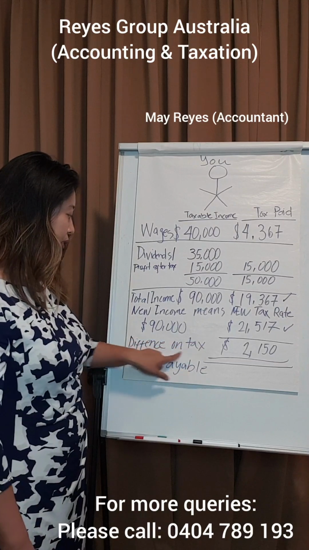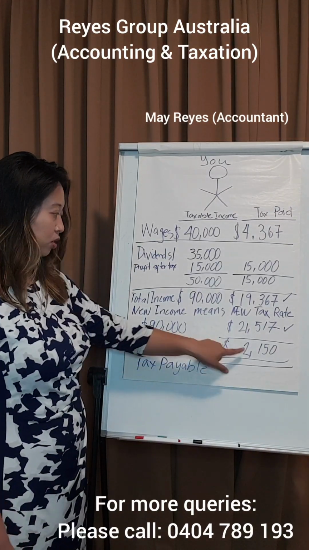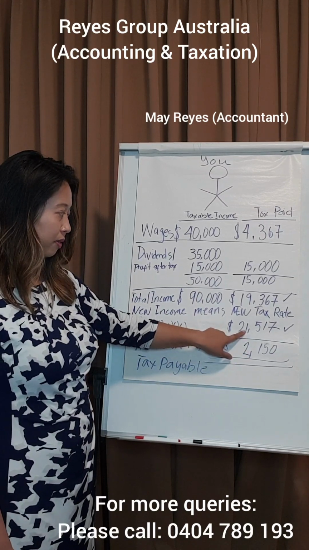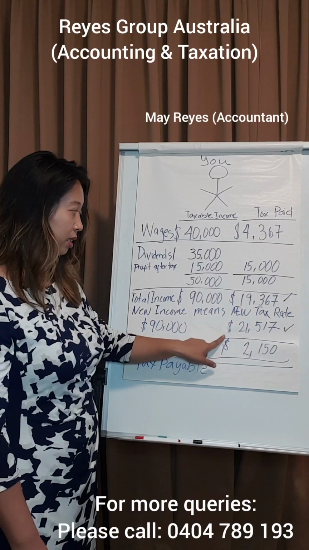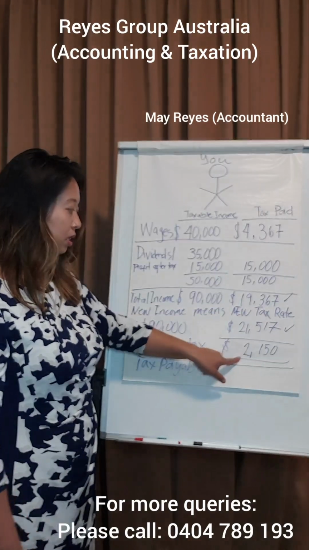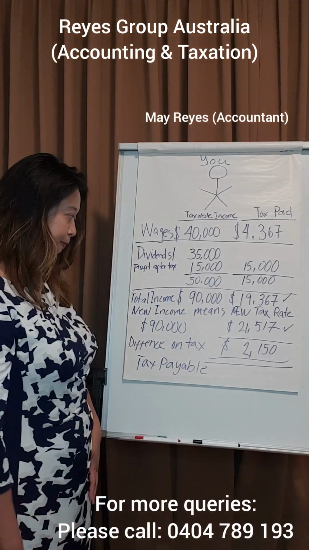In this scenario, there is a difference in tax: 21,517 less the tax that you paid, which is 19,367. You still need to pay the difference of 2,150.